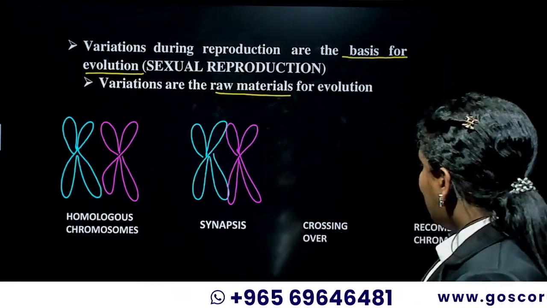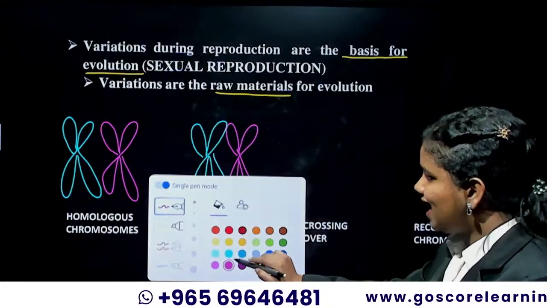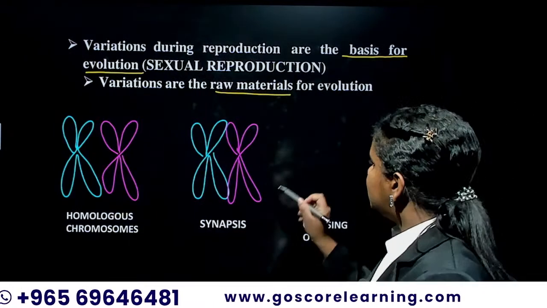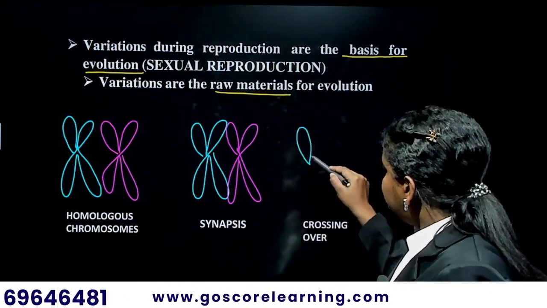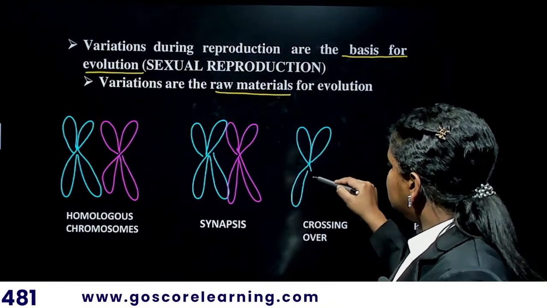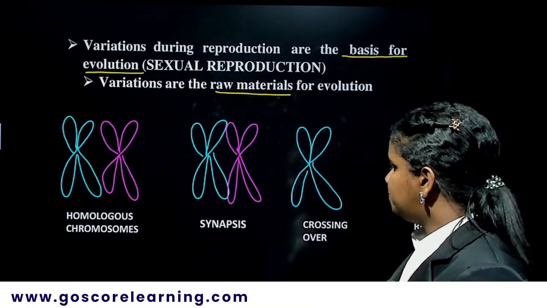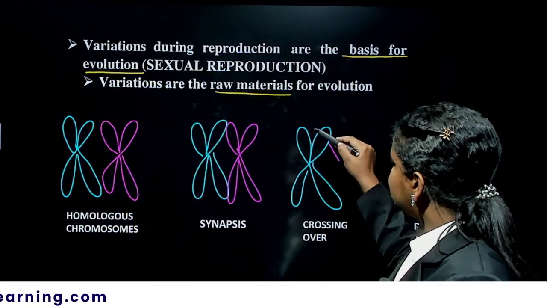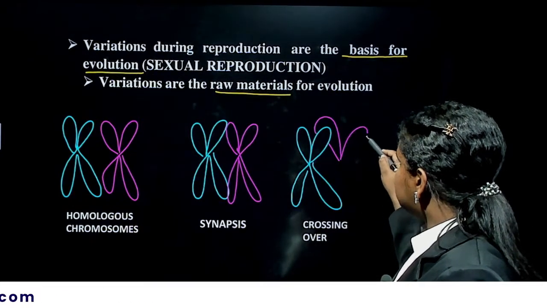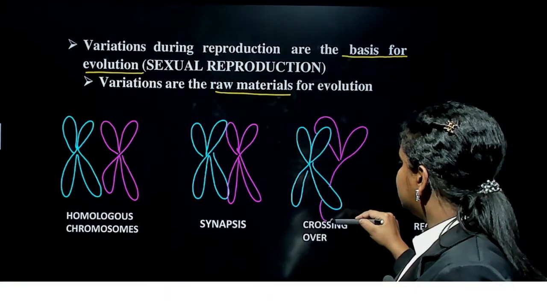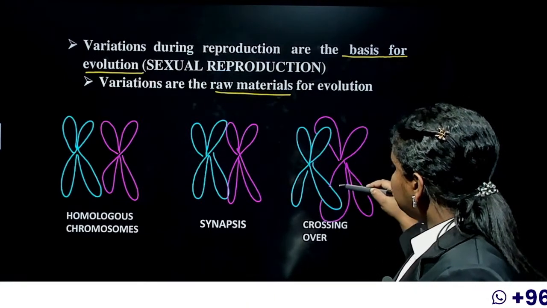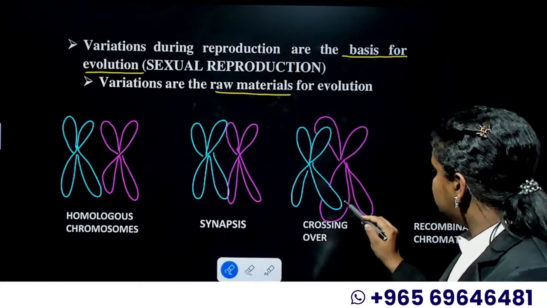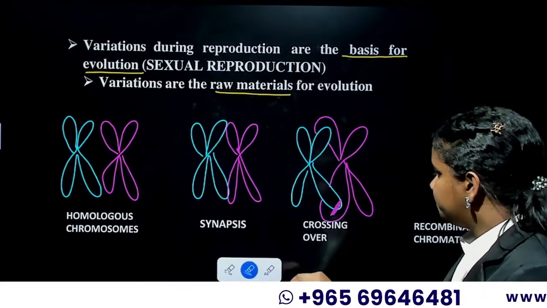And then after the synapsis is done, they simply exchange their genetic material, and that process is called crossing over. So it would be something like this. They would be exchanging their genetic material, and that particular process is called crossing over.